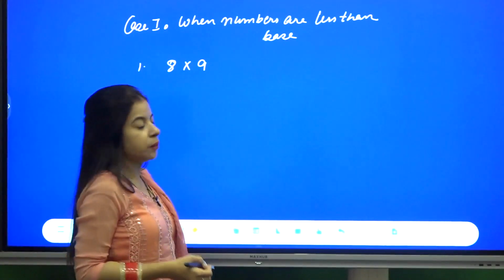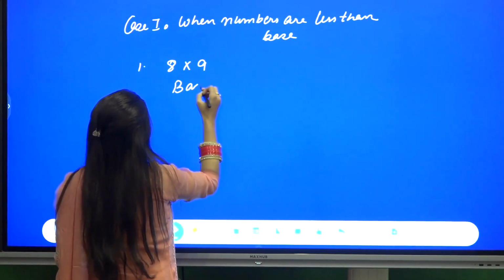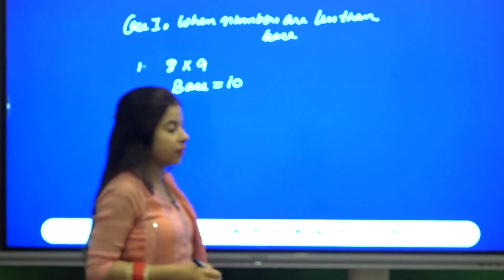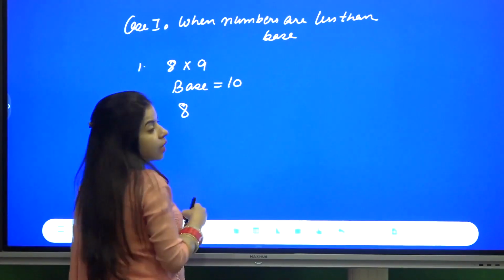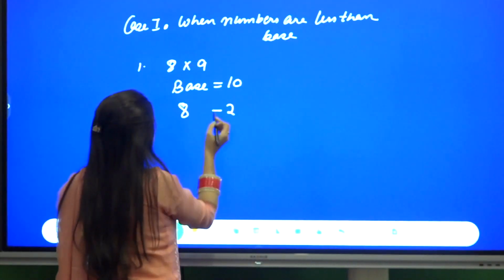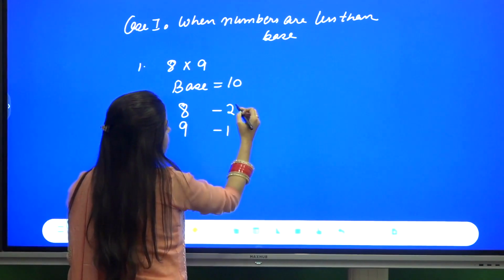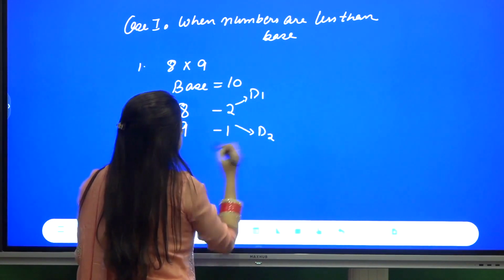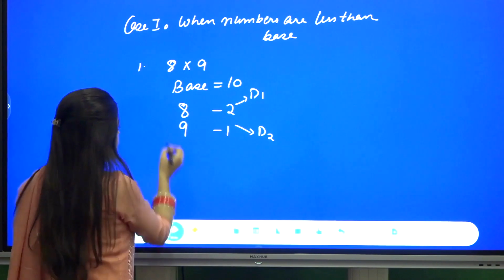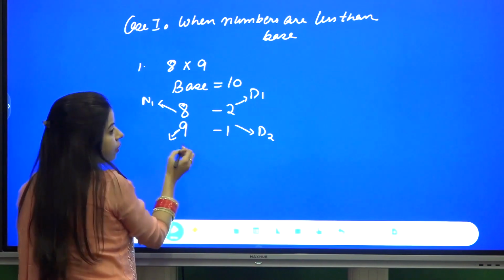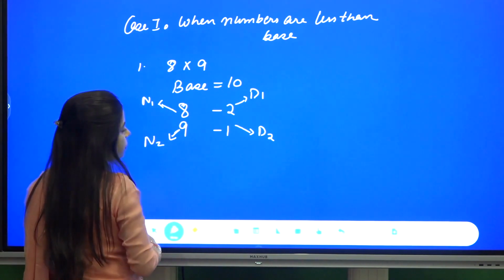Here the base is 10, as both the numbers are closer to 10 and they are less than 10. 8 is less than 10 by 2. 9 is less than 10 by 1, so the deviation is minus 1. This is deviation 1, this is deviation 2. 8 we are denoting by n1, and 9 we are denoting by n2.